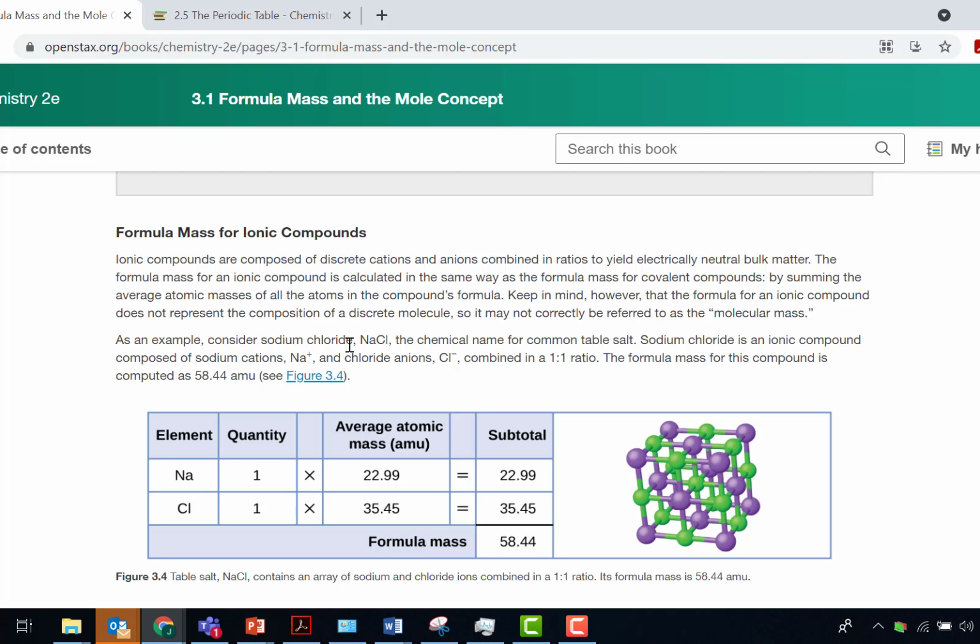So technically, the only real difference here is that we shouldn't use the term molecular mass for ionic compounds. That should be reserved for molecules, so for covalent compounds. And we would use the term formula mass more specifically for ionic compounds.